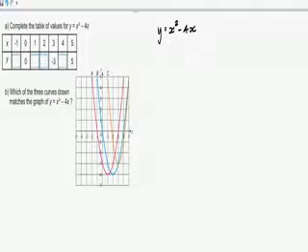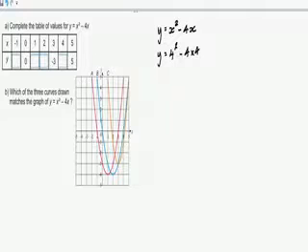So we just go through this the same as before. 5 has already been done for us, so now we've got x equals 4. So y equals 4 squared minus 4x, which is 4 times 4.